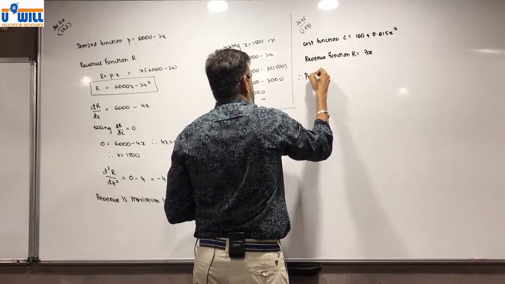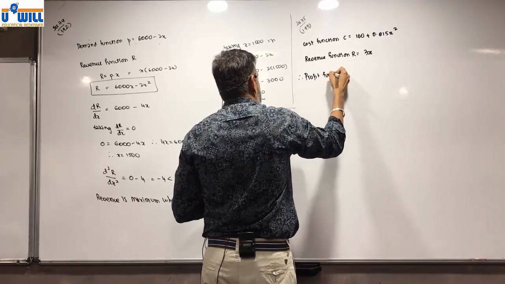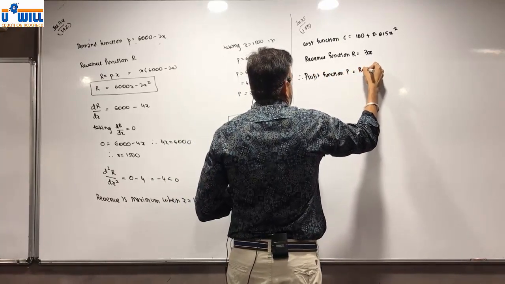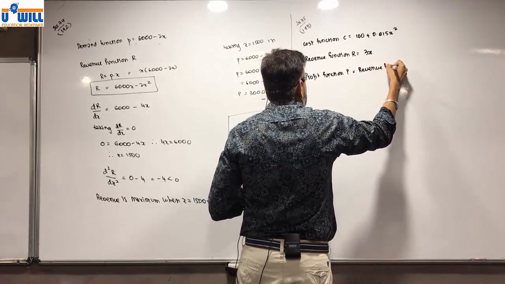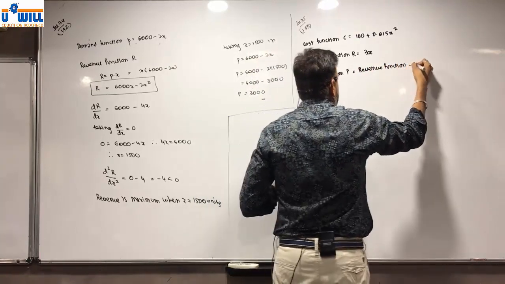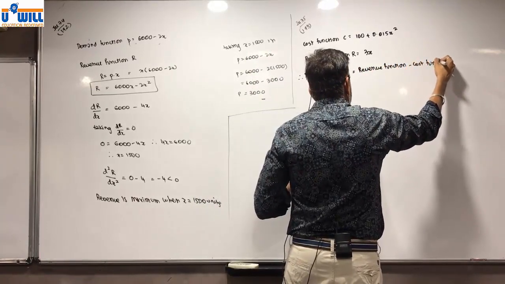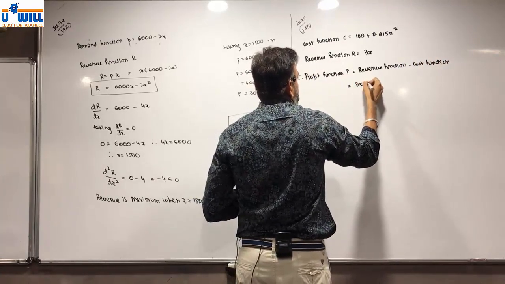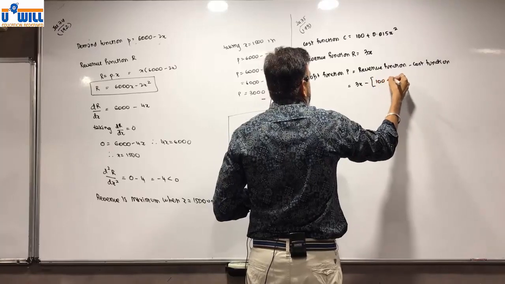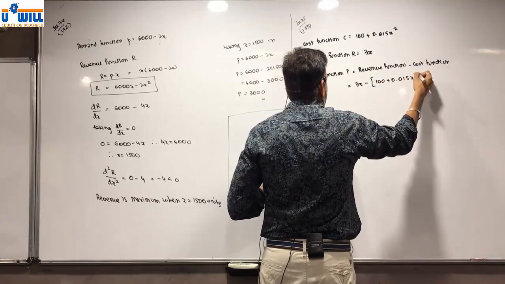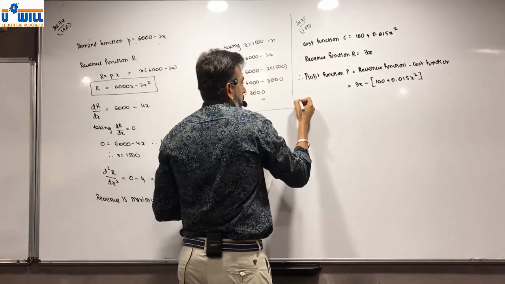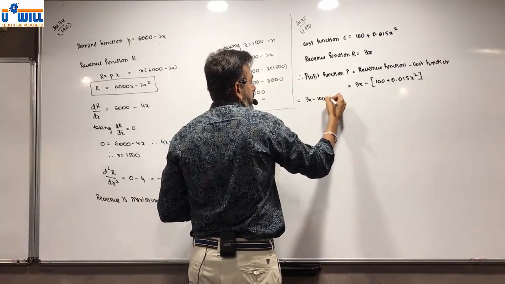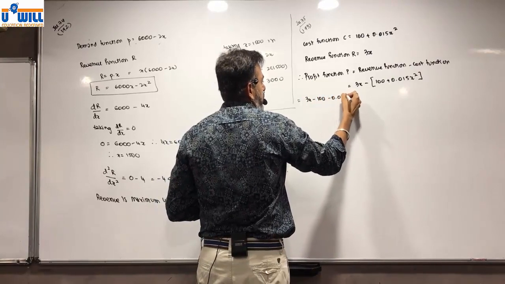Therefore, profit function P is equal to revenue function minus cost function, which is equal to 3x minus (100 plus 0.015x square), which is equal to 3x minus 100 minus 0.015x square.